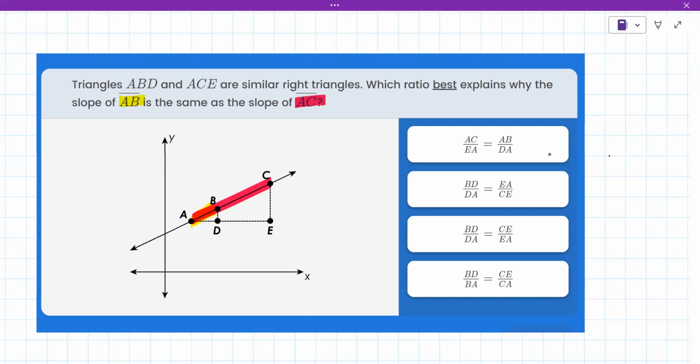Let's see. I'm gonna just take a wild guess on this one.